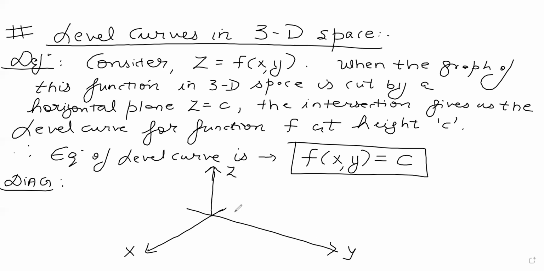For example, think of the function like this, somewhat floating in the space. Now this is my function z as a function of x and y. I have just hypothetically taken a function. And now imagine that there is a piece of paper in the 3D space. I am drawing it in red color, the piece of paper which you can see.